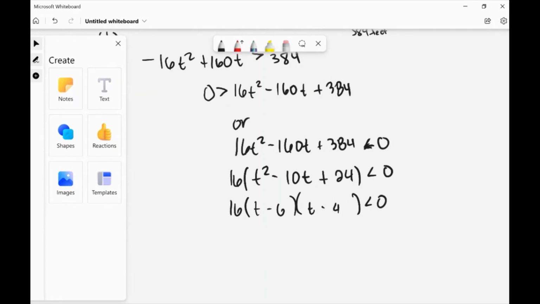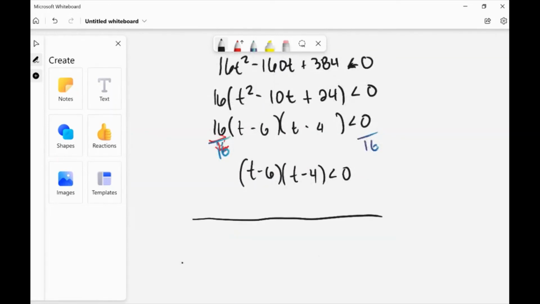All right, so I'm going to get rid of this 16. Let's just get rid of it. So really, I want us to concentrate on t minus 6 times t minus 4. So what are our key numbers? t equals 6, t equals 4.